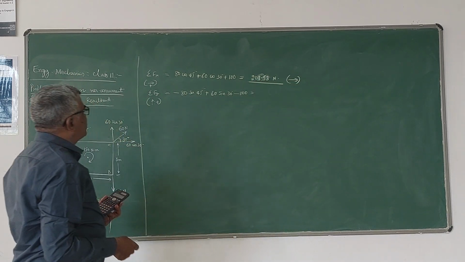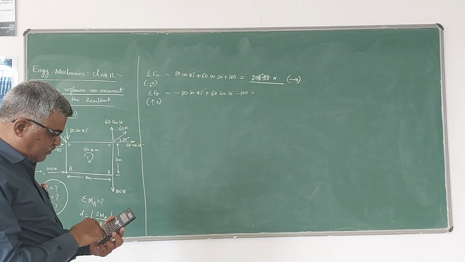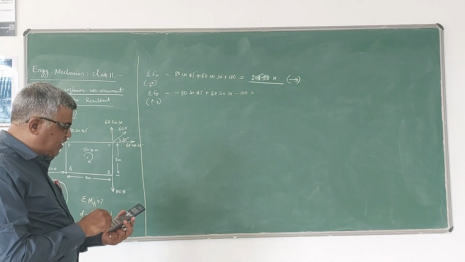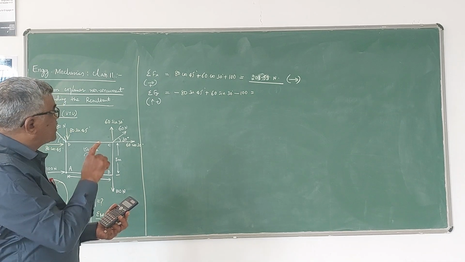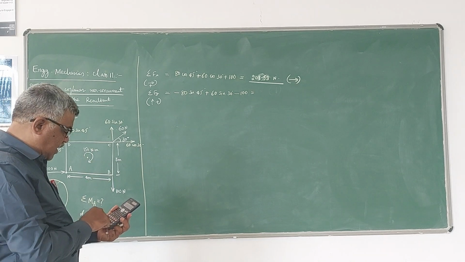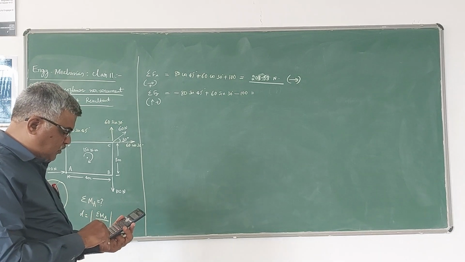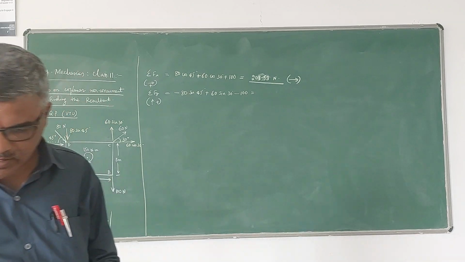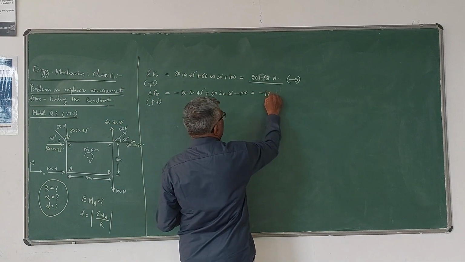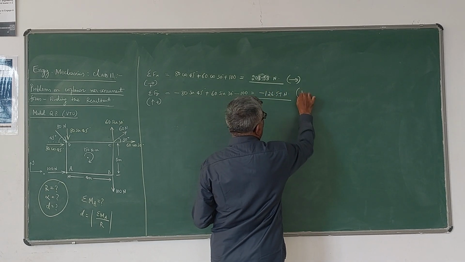Then sigma Fy: minus 80 into sin 45 plus 60 sin 30, which is 30 because sin 30 is half, then minus 100. So the value now is minus 126.57 Newton. So negative means it is acting downwards.